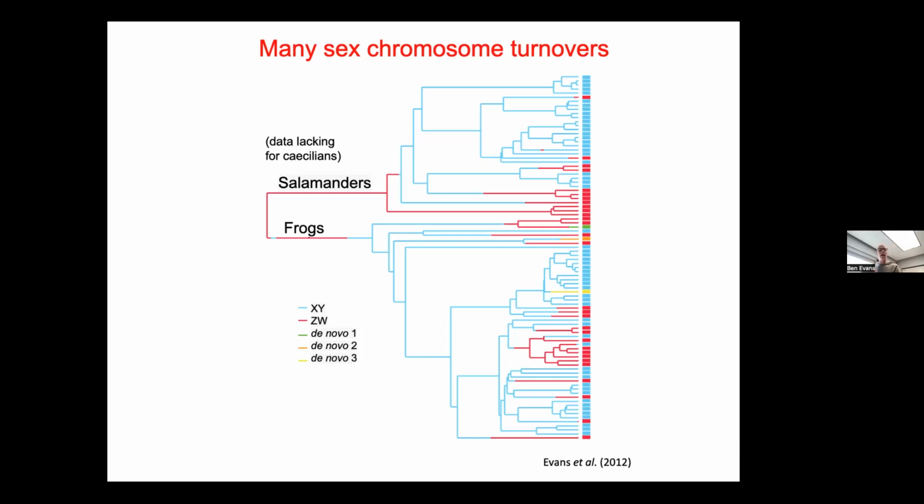So do they have an XY or a ZW sex determining system? And you can see in this just simple plot with only 100 species for which we have data, there's many turnover events where closely related species often have different sex determining systems, even at this broad phylogenetic scale. So developmental systems drift with sex determination is rampant in amphibians, and it's particularly so in Xenopus.